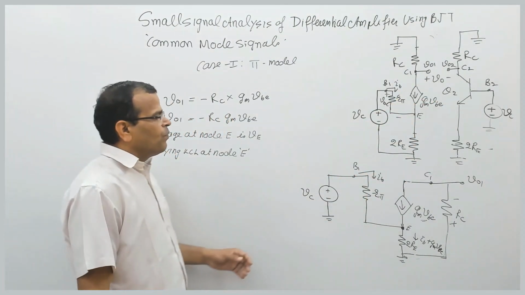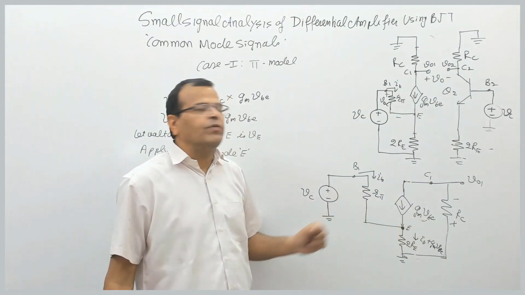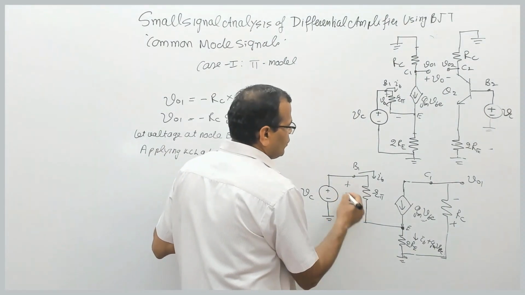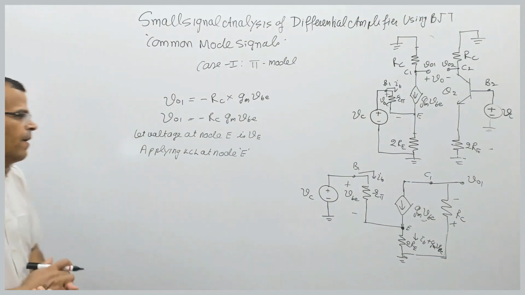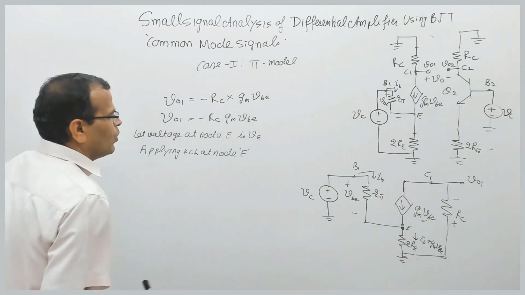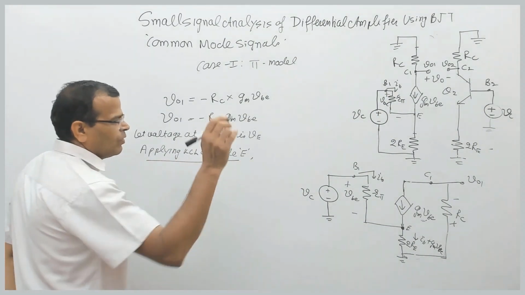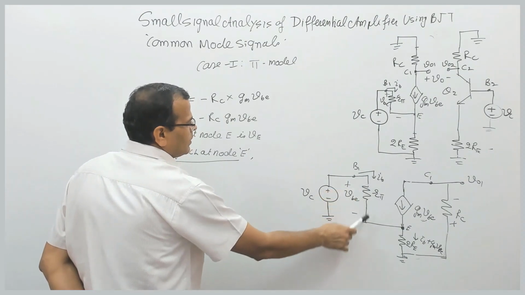So now I have to obtain VBE in terms of VC. That's my target. And what is VBE? That is the voltage across this resistance. Fine. So if you apply KCL at node E, let us see what will happen. What is the current here?